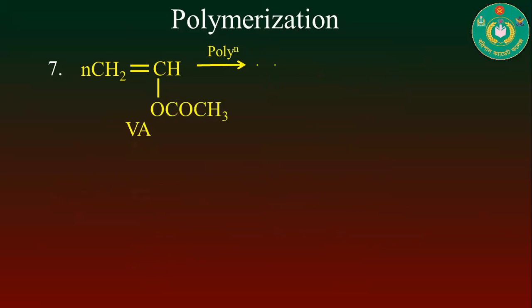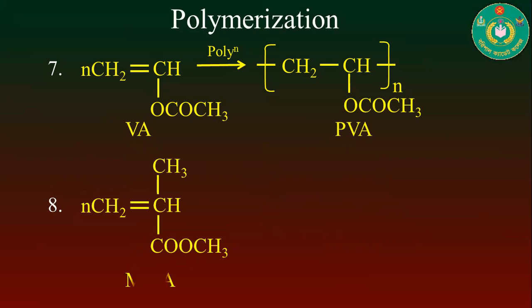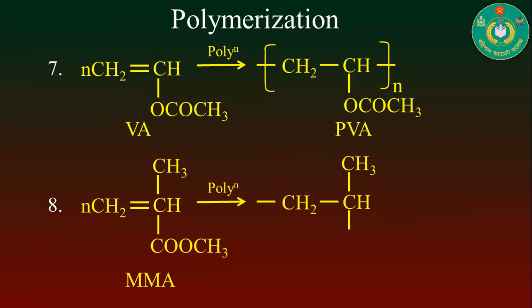If we use vinyl acetate, after polymerization we will get polyvinyl acetate, that means PVA. If you use methyl methacrylate, after polymerization you will get PMMA, that means polymethyl methacrylate.